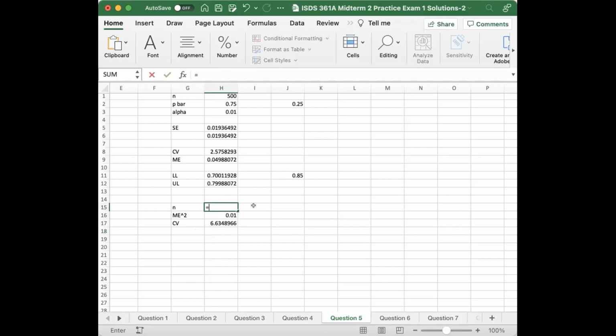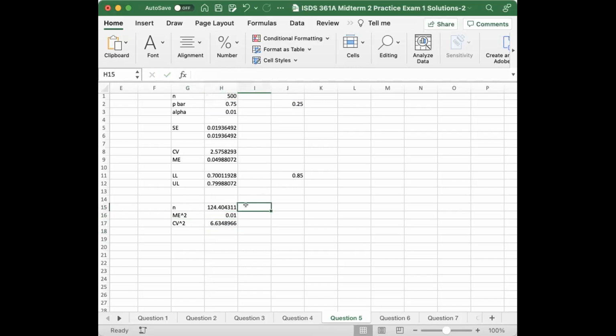So it's going to be equals, parentheses, the critical value squared, which is this value, times our p times 1 minus p, which we calculated here, all divided by our ME squared, and we get that. Okay, so we get 124.4.